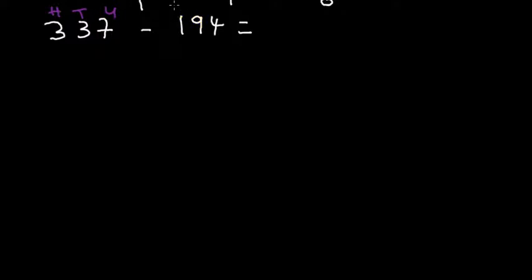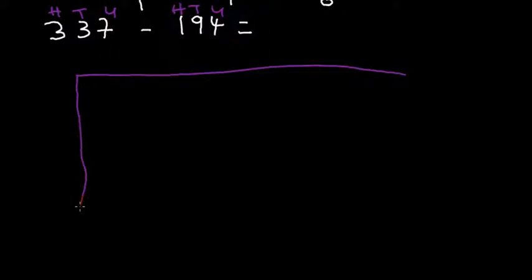Let's try out another example: 337 minus 194. Okay, we'll draw out the columns. For drawing out the columns, this is going to be hundreds, tens, and units.